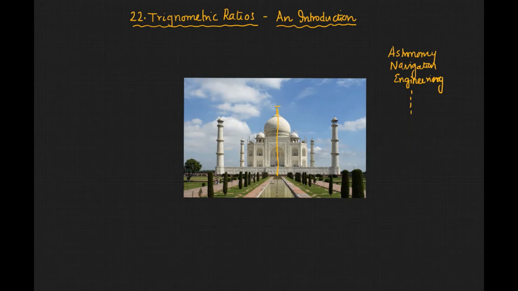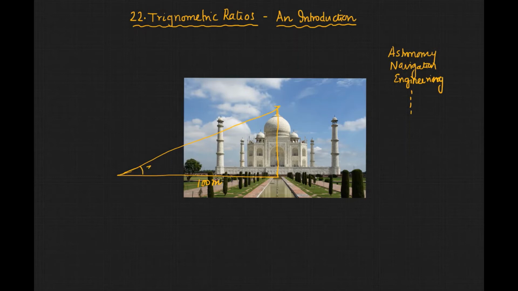So what you can do is go to about, let's say, 100 meters away, and you can measure from your eyesight the angle made by the tip of the Taj Mahal.